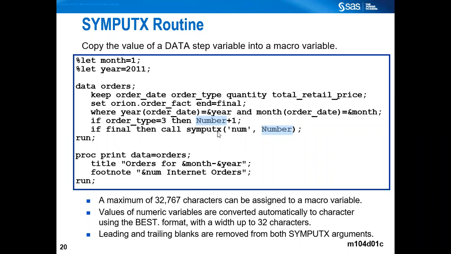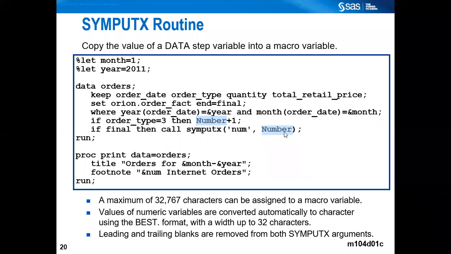So here again, when you're creating a macro variable, it's telling the maximum character value could be 32,767. The values for numeric variables are converted automatically to character. Why? Because macro language is a text processing facility.